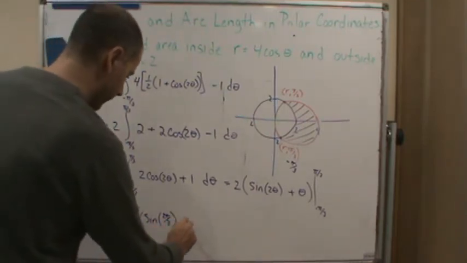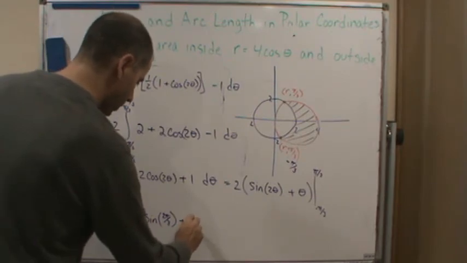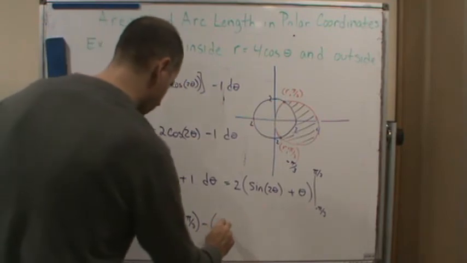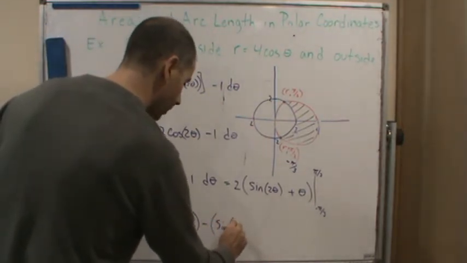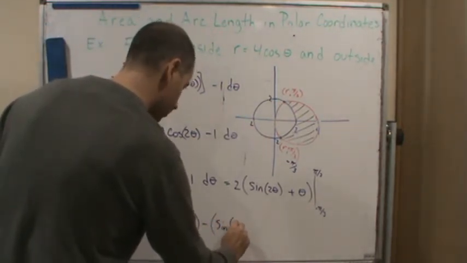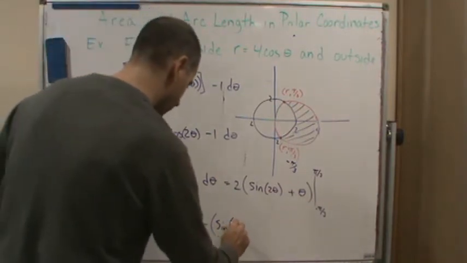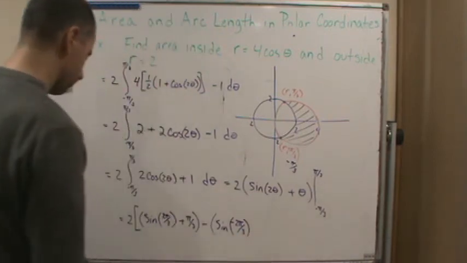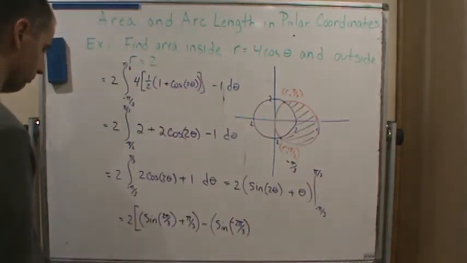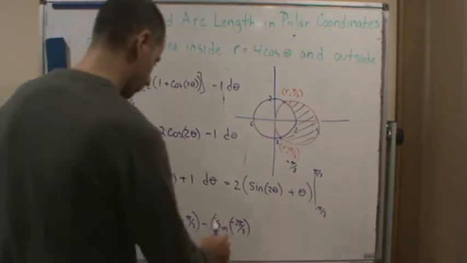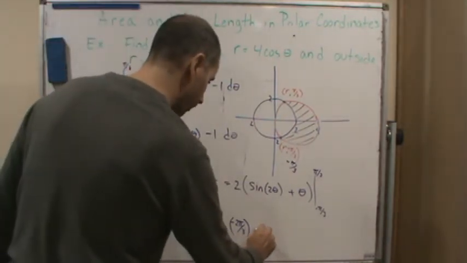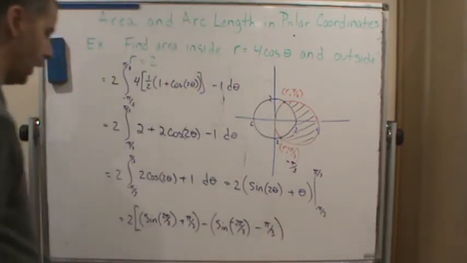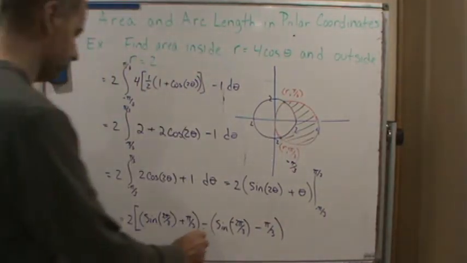So 2 pi over 3 plus pi over 3 minus sine of negative 2 pi over 3 minus pi over 3, right?